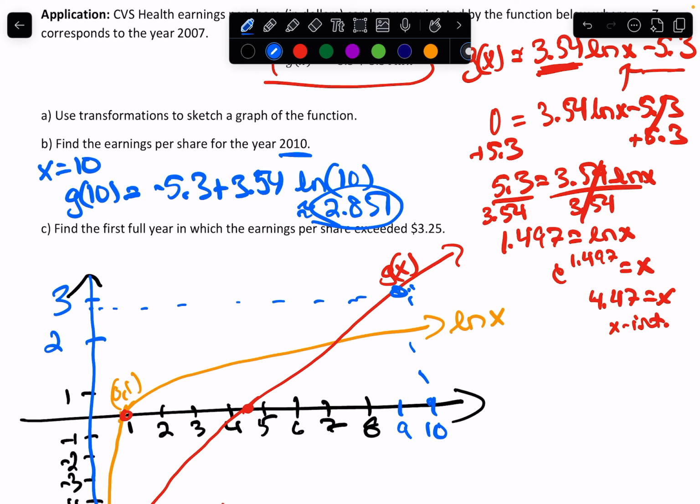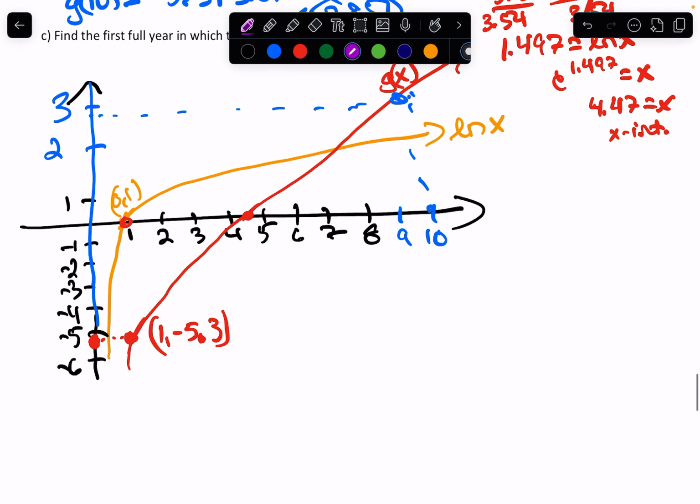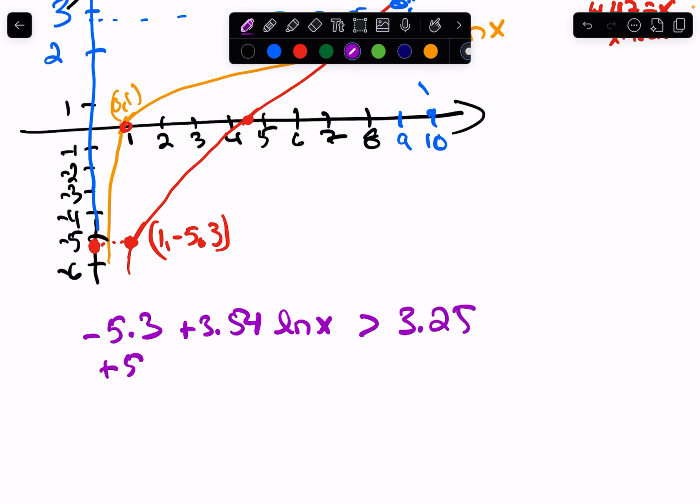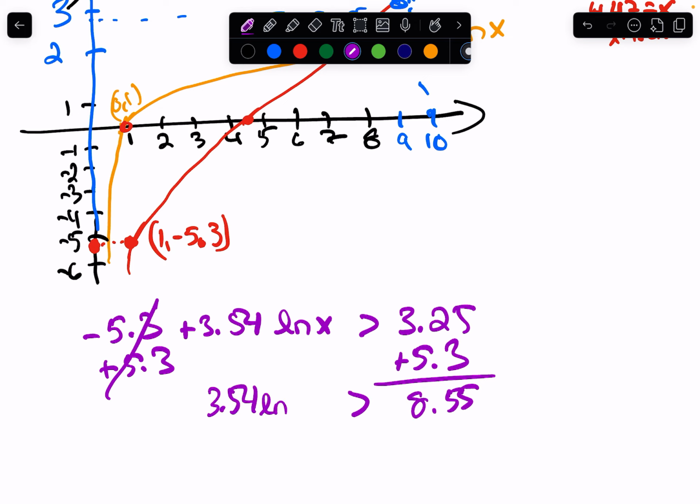And then find the first full year in which the earnings per share exceeded 3.25. So the same thing that we did on the other one. Negative 5.3 plus 3.54 natural log of x is greater than 3.25. We're going to add 5.3, and we get 3.54 natural log of x.